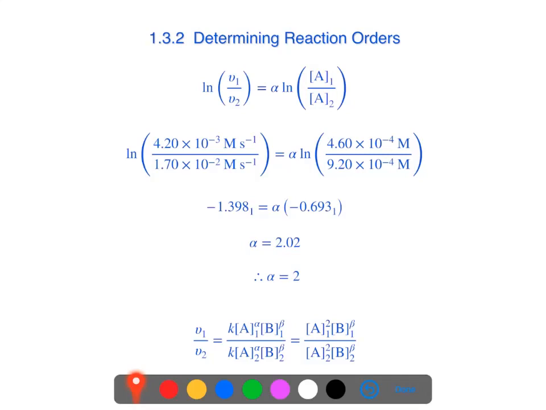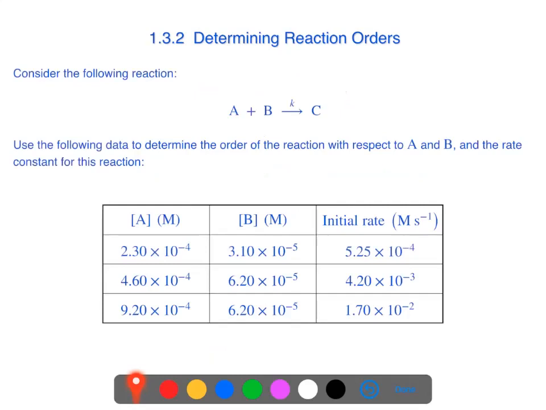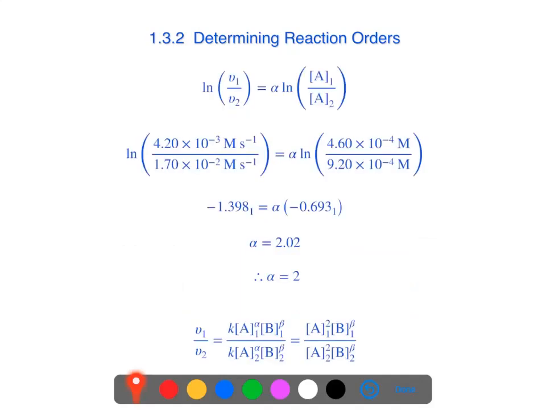Now let's use this information to determine the order with respect to B. Now I'll note that in our table, there are no sets of data that hold the concentration of A constant and vary the concentration of B. So in order to solve for beta, we need to first determine alpha, and that's what we've done. So we start with our original expression again, and again we can cancel the rate constant because that will be equivalent in both sets of initial rate data.